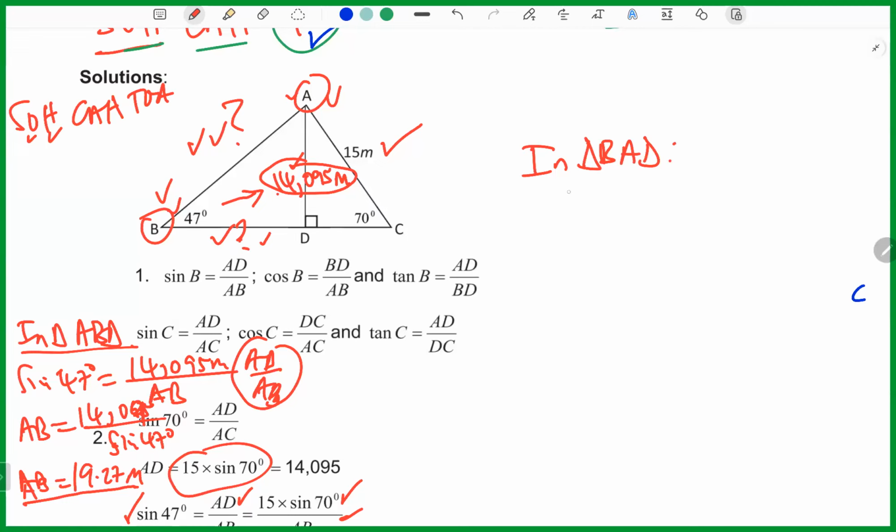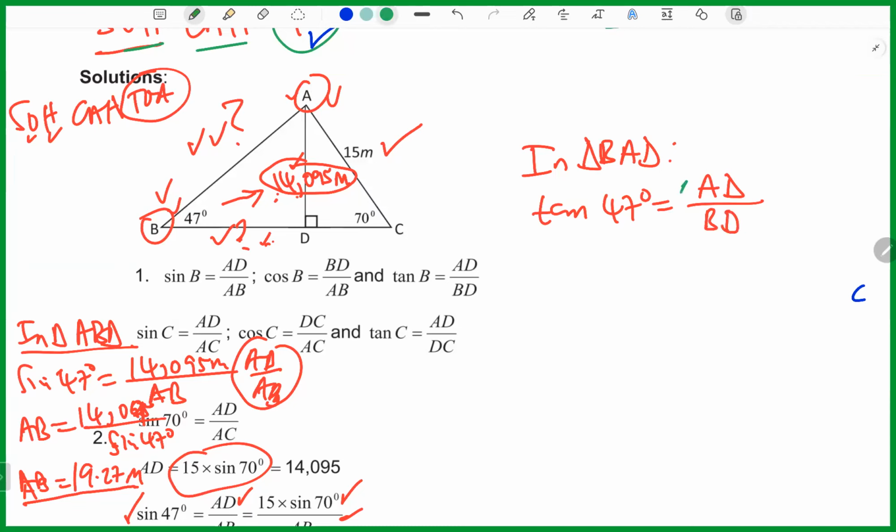So now we're dealing with the opposite and then the adjacent, so that is the tangent. I'm looking at this material because it's really very important for exam purposes. The tangent of 47 degrees is going to be exactly AD over the adjacent side, which is BD.